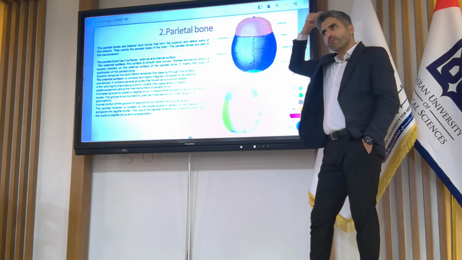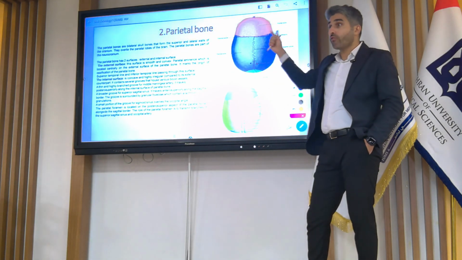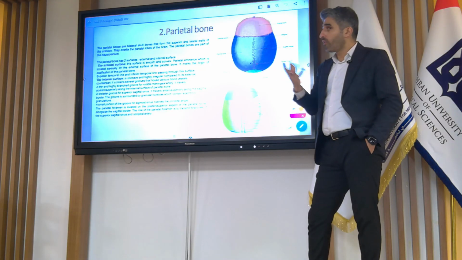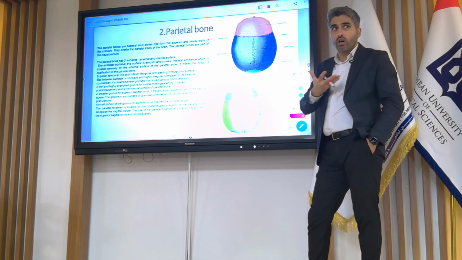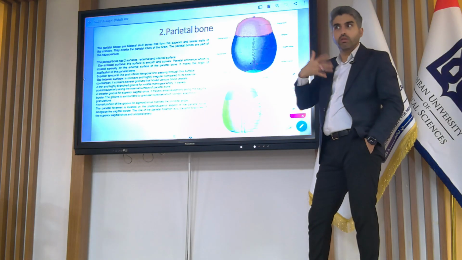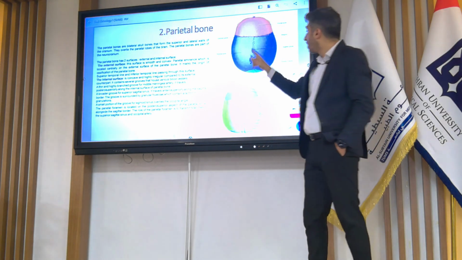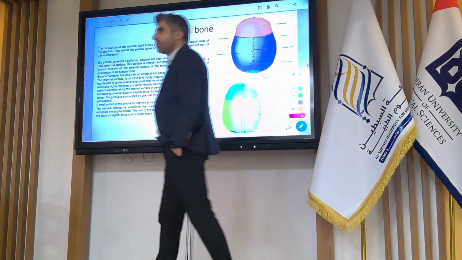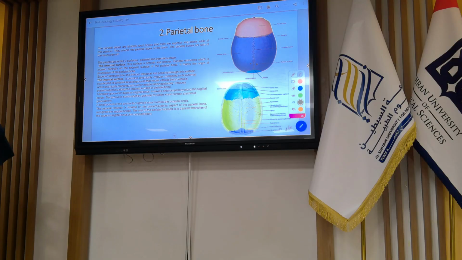Why should we have a foramen here in the top of the skull? Always we know that foramina are located in the base of the skull or the anterior side. Why here in the top of the skull do we have 2 small foramina? Is it for the scalp? What is the scalp? Yes, exactly, the skin and tissue on the top of the head.